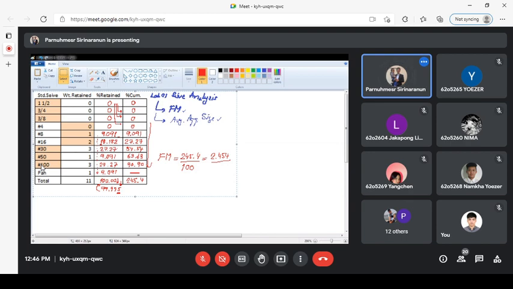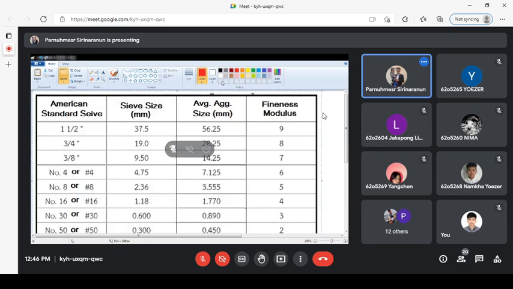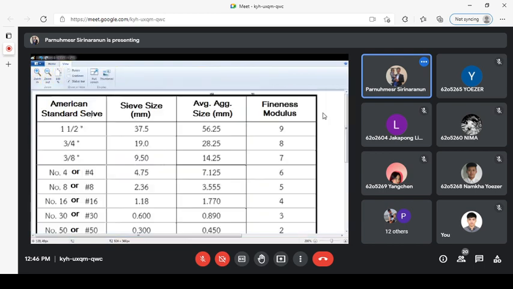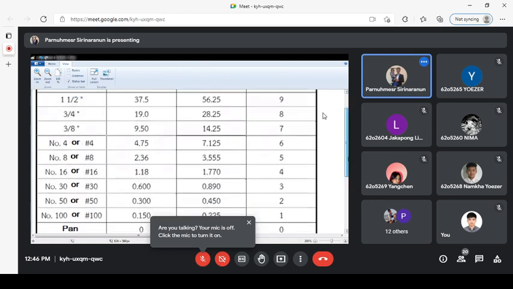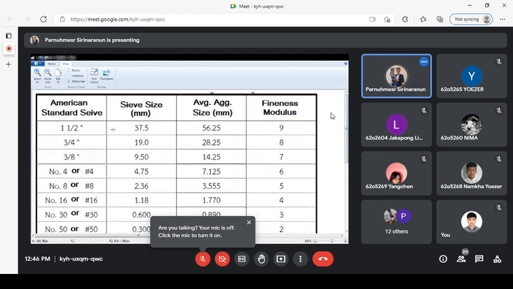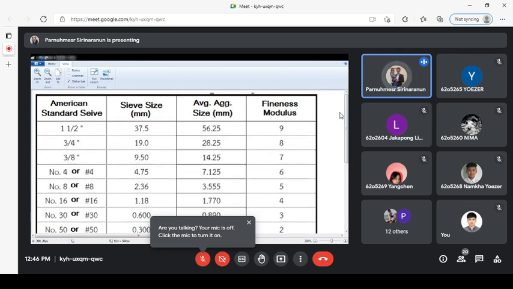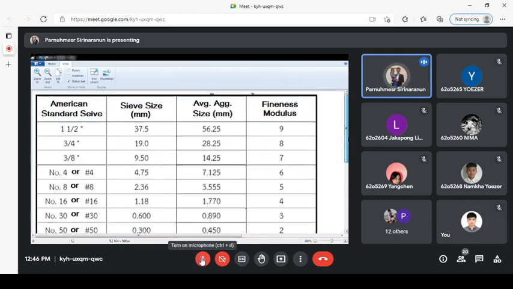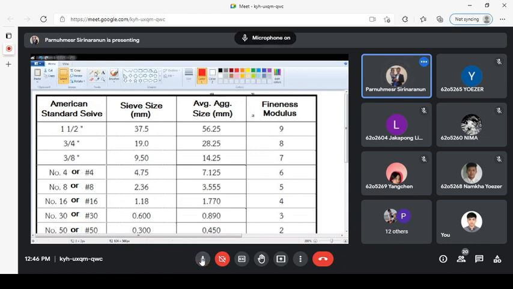Wait for a moment, I will show. From the last skin, you compute the average aggregate size. That's right. And you will know the finite product number written on each sieve. That's right. Yes or not?